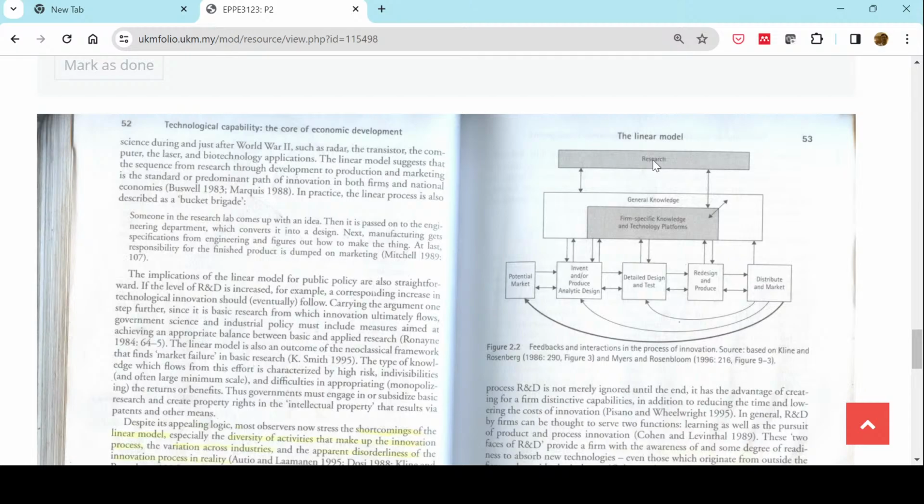So basic research is to move the frontier of knowledge, the border, the horizon of knowledge further, in whatever fields, in physics, mathematics, sciences, engineering.